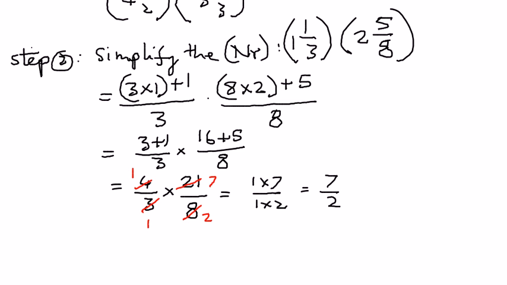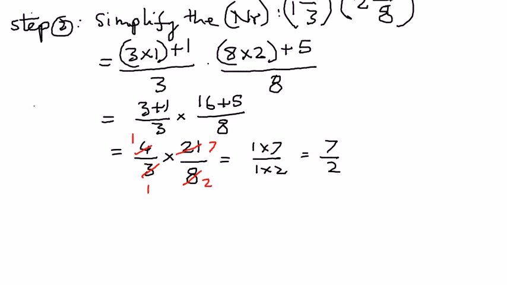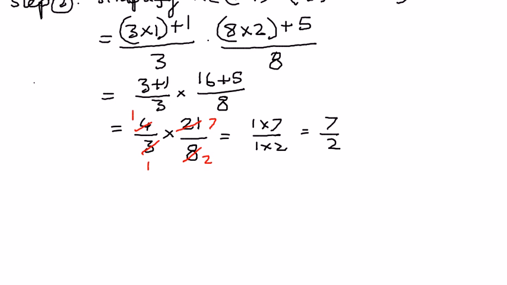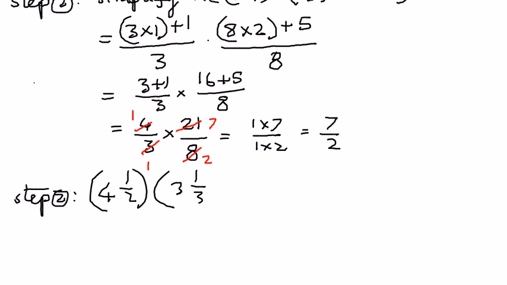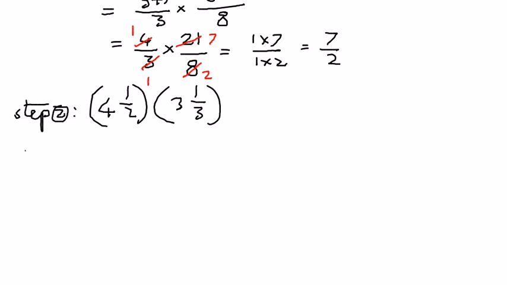Then we look at the denominator where we have 4 1/2 times 3 1/3. So in step 2, we're going to take the denominator part, 4 1/2 times 3 1/3, and simplify this. We do the same type of deal. We have mixed numbers, we want to convert them into improper fractions.